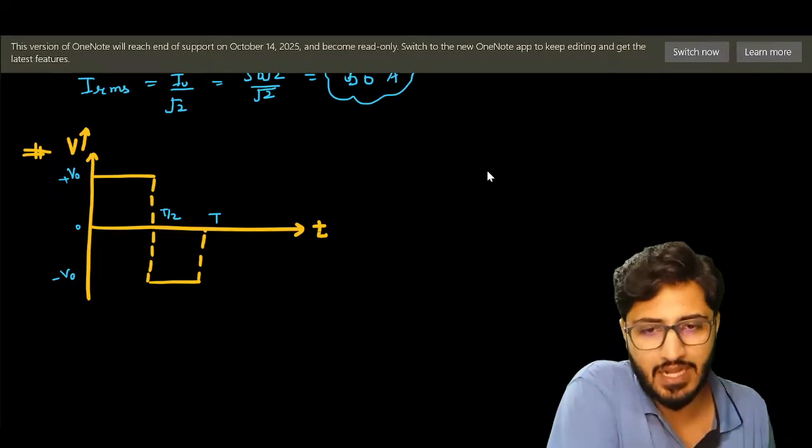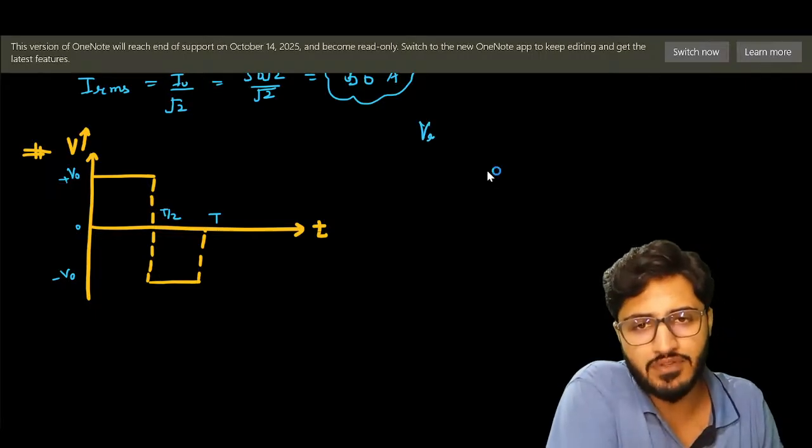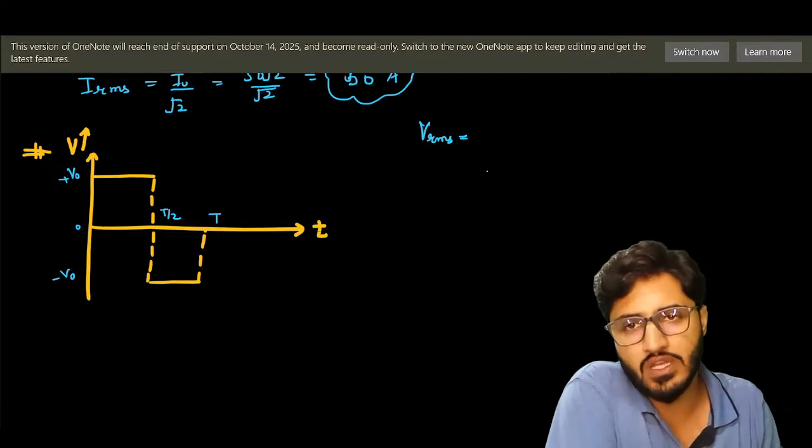If we are having something like this, so how to write VRMS? Same. Look, first of all, we are going from 0 to t by 2, and my answer is V naught.